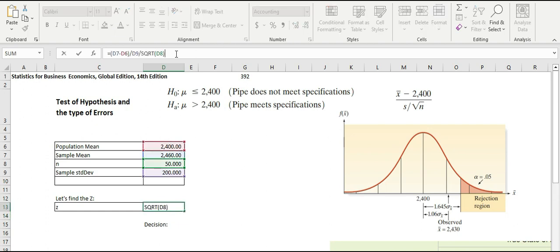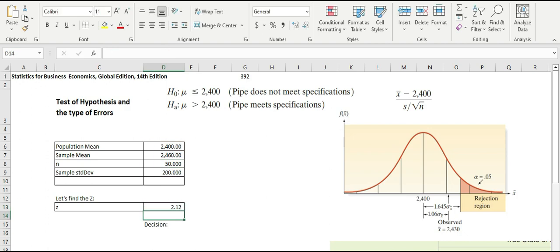I think we need to put this one in. Okay, there. So the answer, the z value, is 2.12.